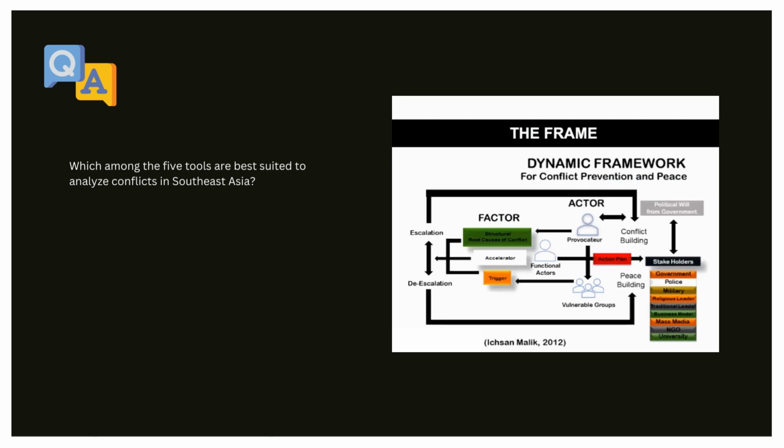That's why I try to create the tools as one picture, one framework, and also to see the dynamic between what we call the factor and the actor. I just want to see how the actor influences the factor, and the factor becomes the trigger to the actor.